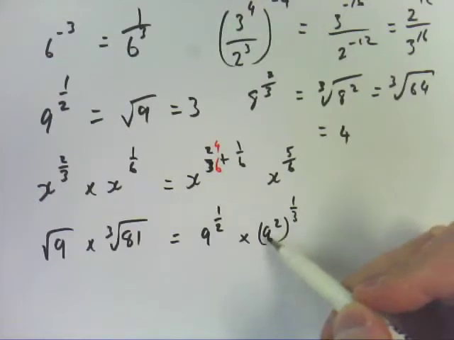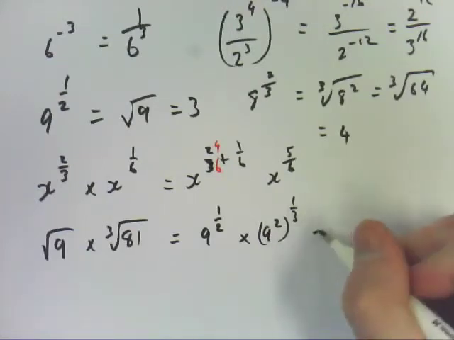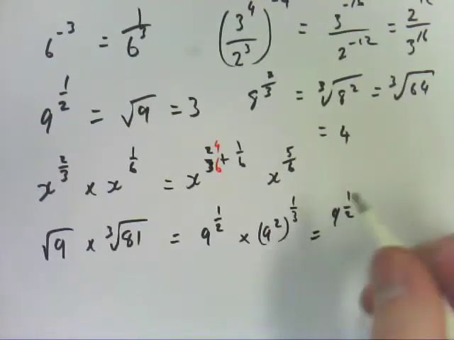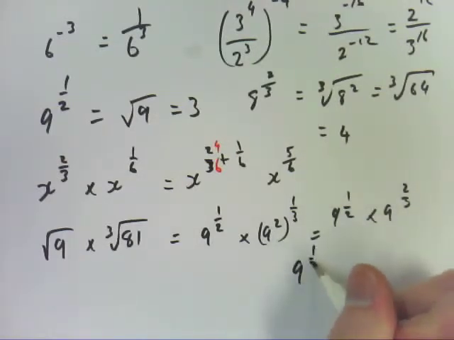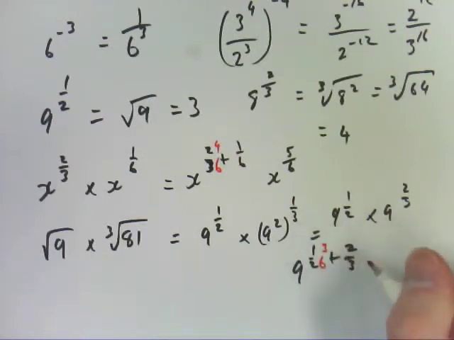Now I'm going to combine these two. So I leave 9 to the half as it was, and this is going to be times 9 to the 2/3. If you're going to simplify that, 9 to the half plus 2/3. Can't add those, so let's go for 6, 3/6, 4/6. So what is it? 7 on 6. 9 to the 7/6.